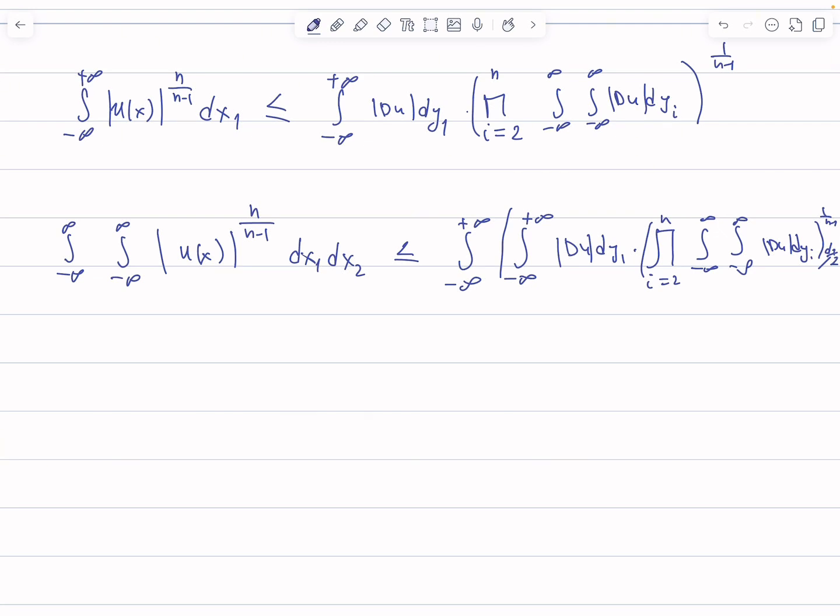Let's see again, we have here one integral which does not depend on x2, because in the integral du dy2 there is no x2. So we should take this one out of the integral.